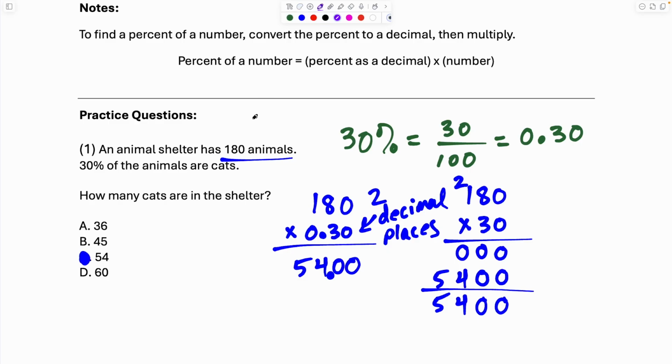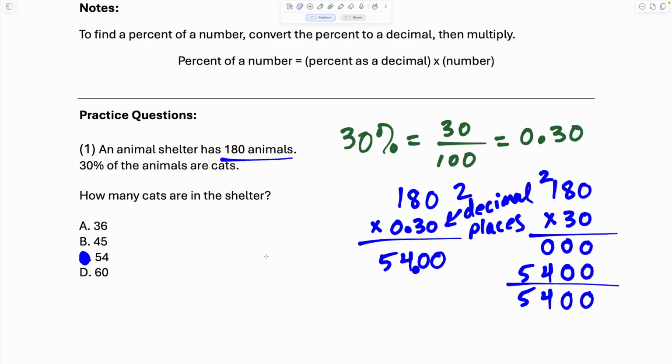Now, before we move on, I just want to point out that there is more than one way that we could do this. We can express the percent in fraction form and multiply. So I could take 180 and multiply this by 30 over 100. When you have 100 in the denominator and numbers with zeros at the end, you are allowed to cross off common zeros. That's just a little quick math so you don't have to do multiplication then division.